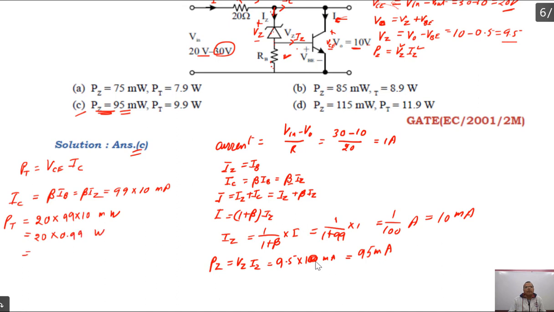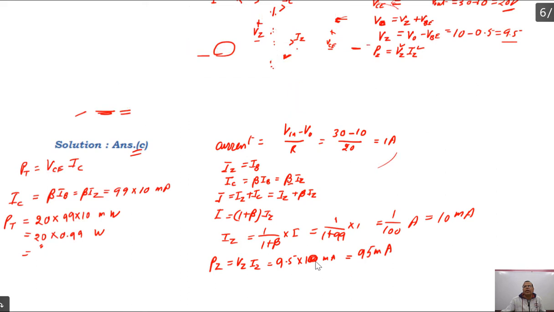So what is the voltage VCE? I'm sorry, there is a correction here. What is voltage VCE? Voltage VCE is the same as the output voltage.